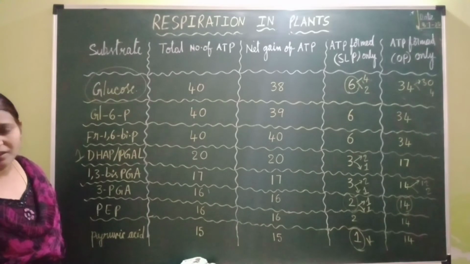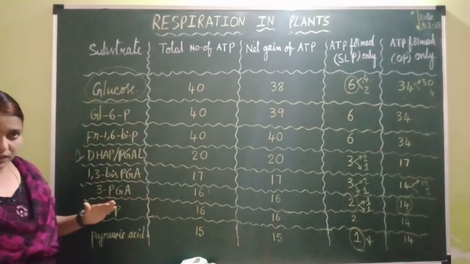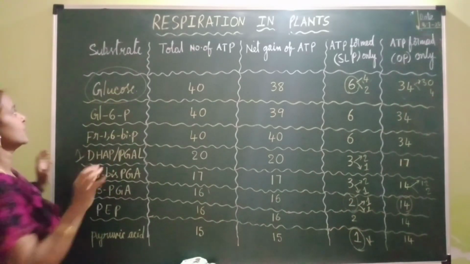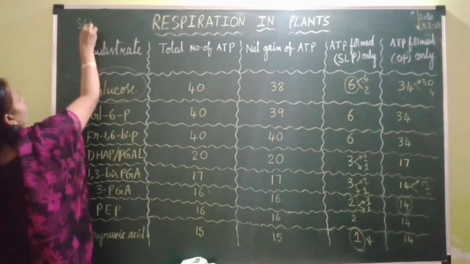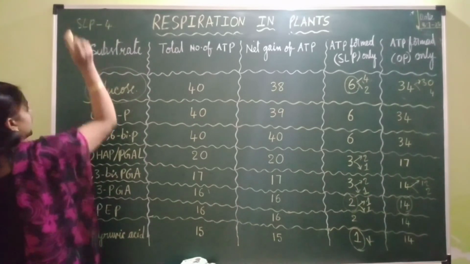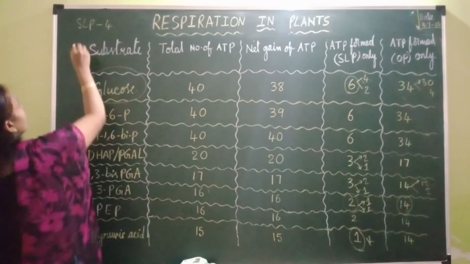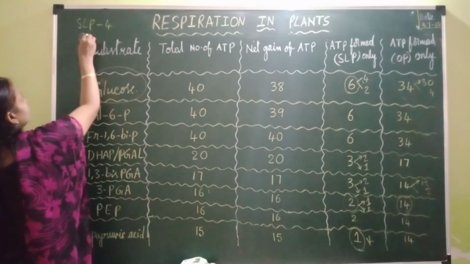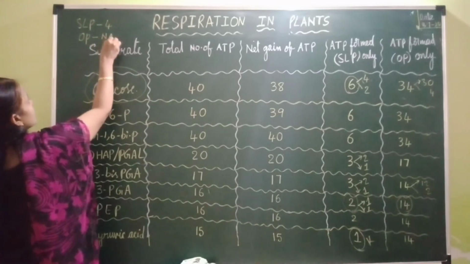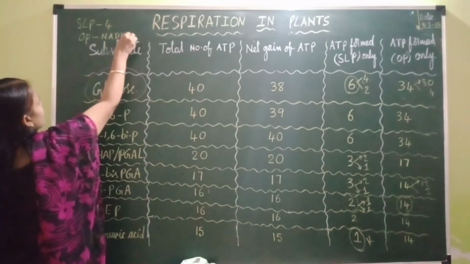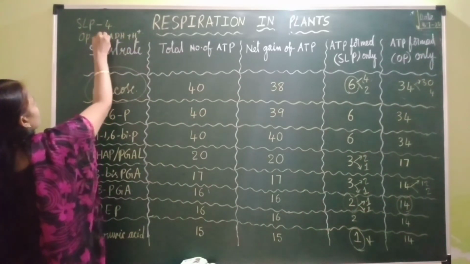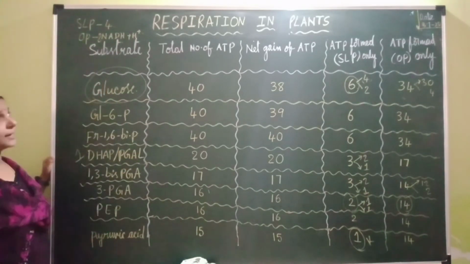Why 2 ATP? Because during glycolysis, how many ATPs are formed through SLP? 4 ATPs are formed. At the 7th step 2 ATPs, at the 10th step 2 ATPs, we discussed just now. And through OP, how many NADH2s are released? 2 NADH plus H plus, or we can call it NADH2.